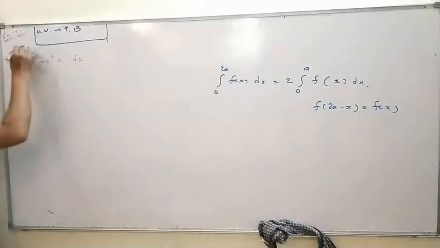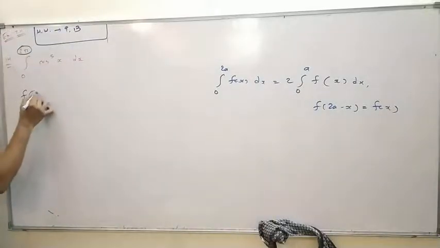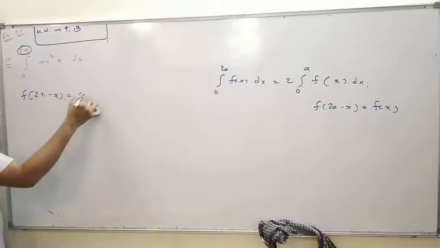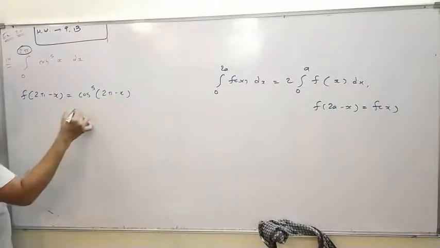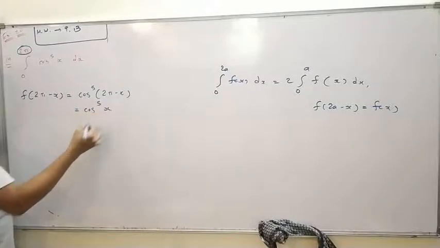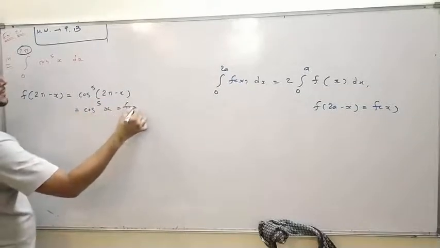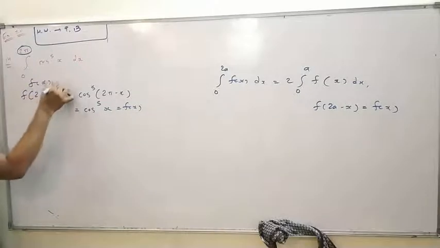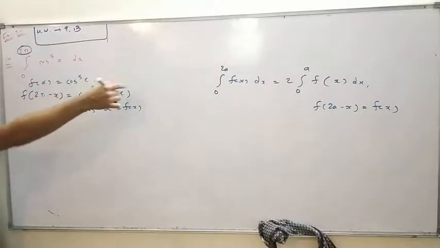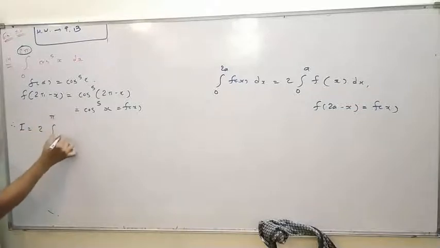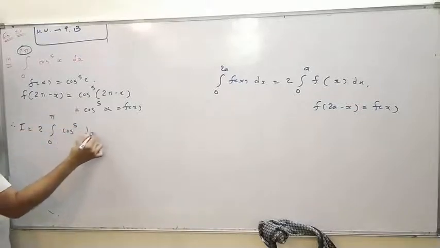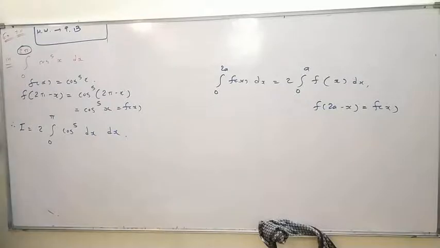Here 2a is 2 pi. f of 2 pi minus x is equal to cos raised to 5 of (2 pi minus x). In place of x, 2 pi minus x is the fourth quadrant, and in the fourth quadrant cos is positive, so this is equal to cos raised to 5x, which is f of x. So using this property we can write I is equal to 2 into the integral from 0 to pi of cos raised to 5x.